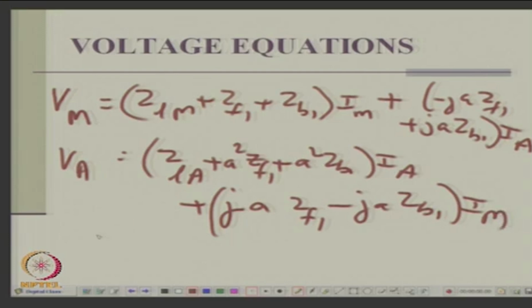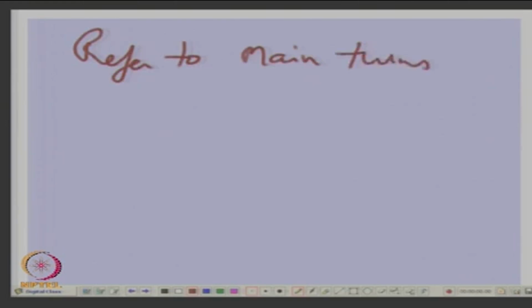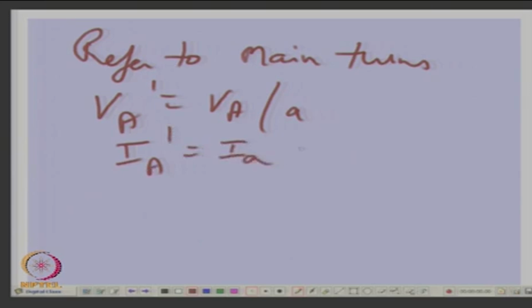Then what we do here is, next we refer to main turns. So, we know that, that means we say Va dash is Va by a and Ia dash is Ia into a and Za dash will be equal to Za by a square.